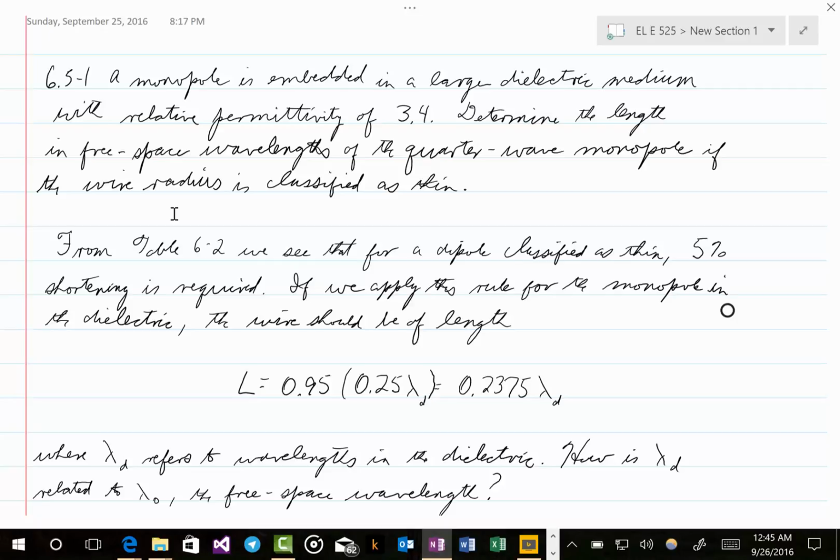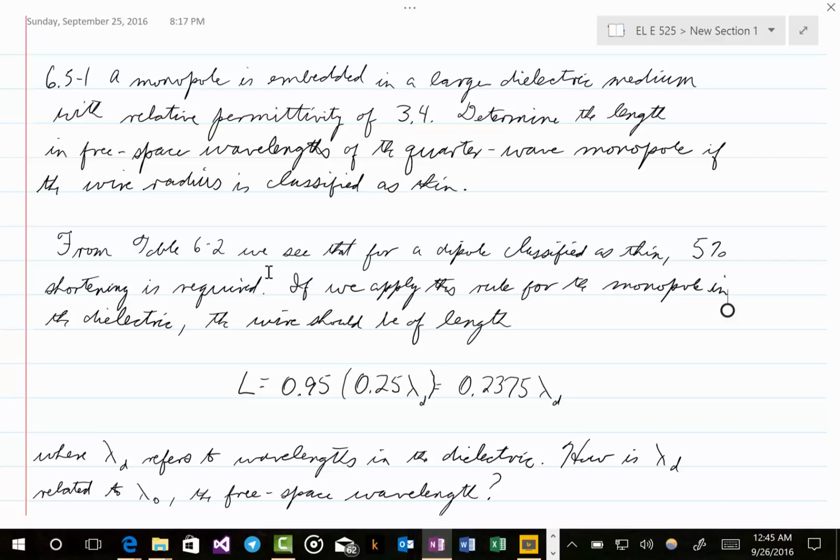And for the thin classification, what that means is that the shortening that is required for a dipole that is classified as thin is 5%. That's 5% shortening that is required because of the fact that the radius is non-zero.